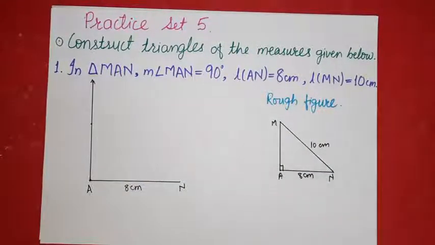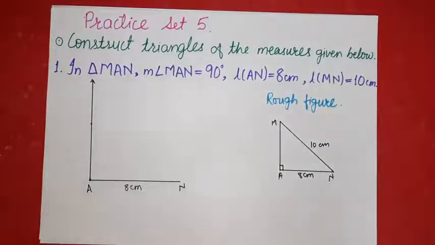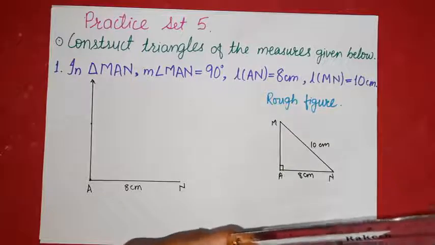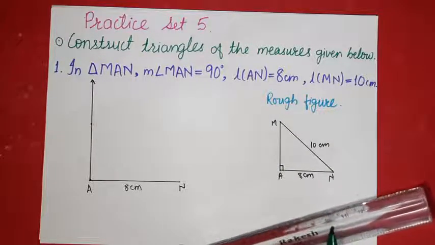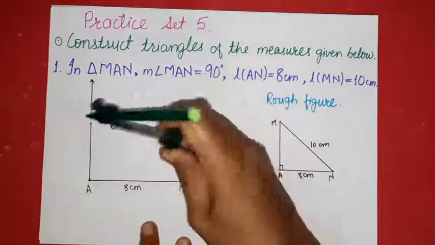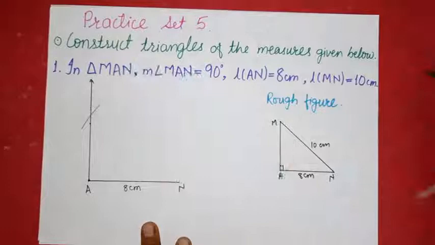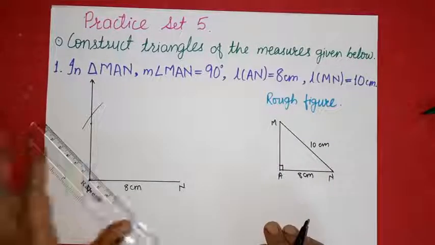For that we will adjust 10 centimeter on the compass. Put the needle end on 0 and bring the pencil end on 10. Like this. Now we will put the needle end on N and mark 10 centimeter on the ray. Now join this.